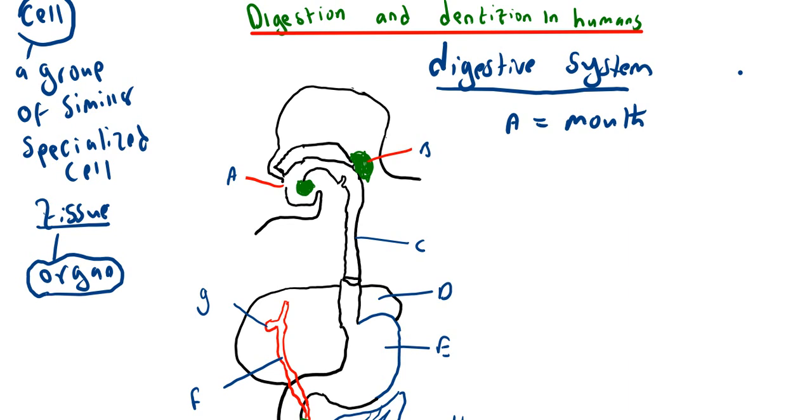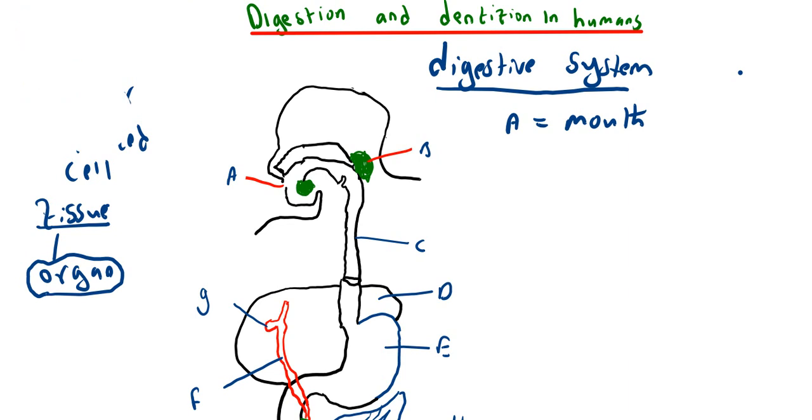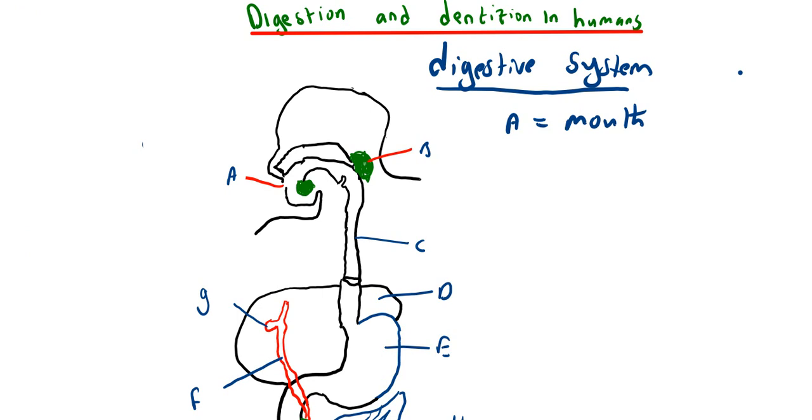The type of nutrition that happens in such a tube is referred to as holozoic nutrition.